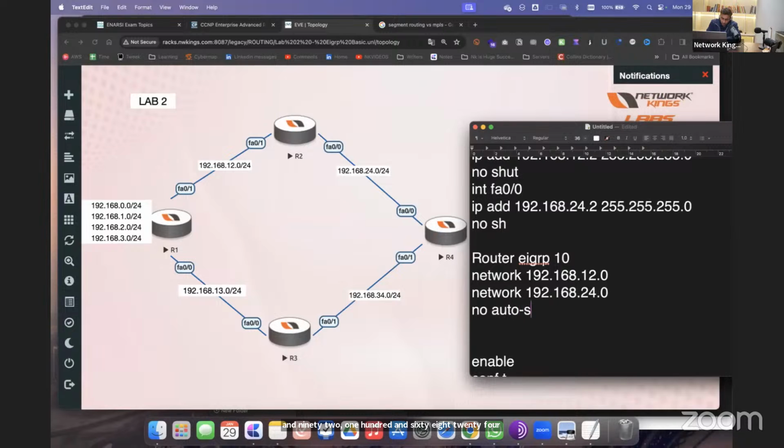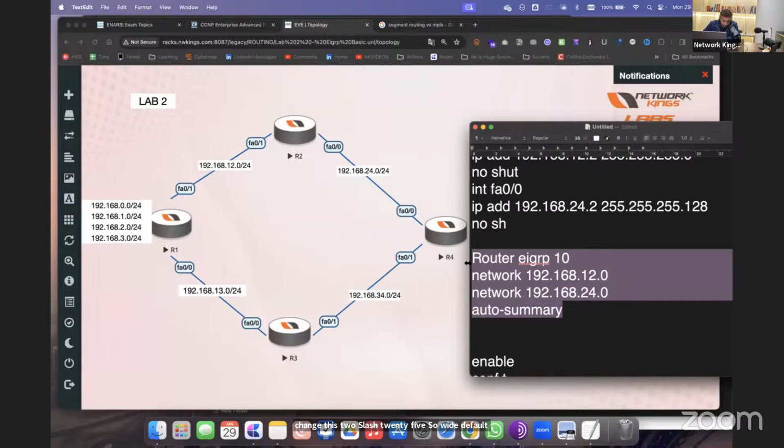What is this no auto-summary? This means if you have any subnet, suppose this is 24, then it will go by default as 24. If I change this to 128, maybe slash 25, then by default auto-summary is on. Auto-summary क्या करता है?